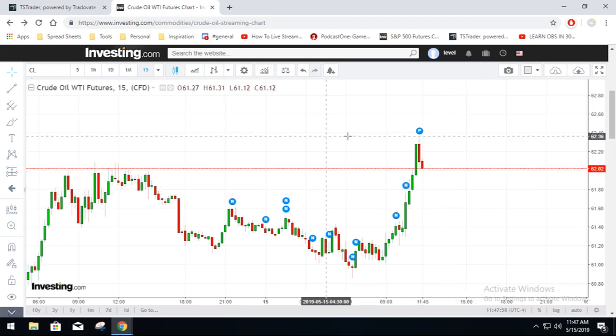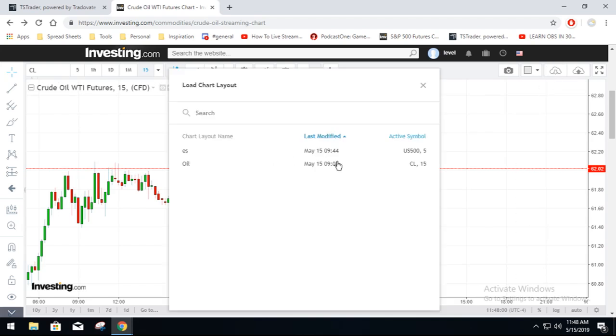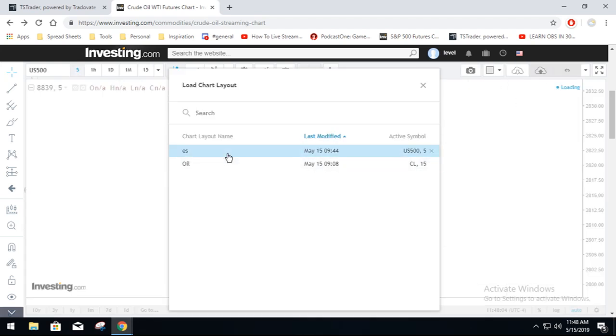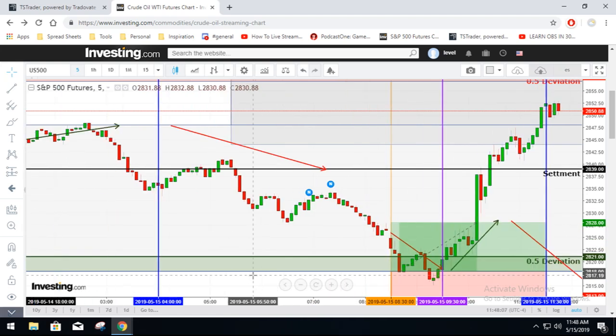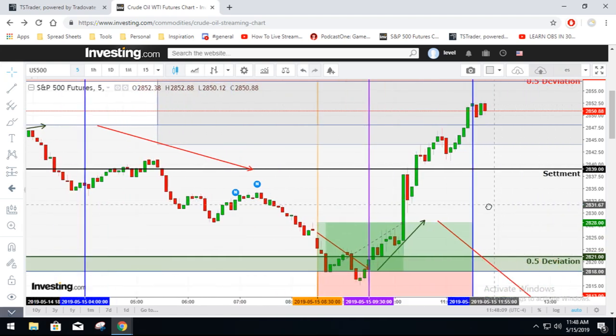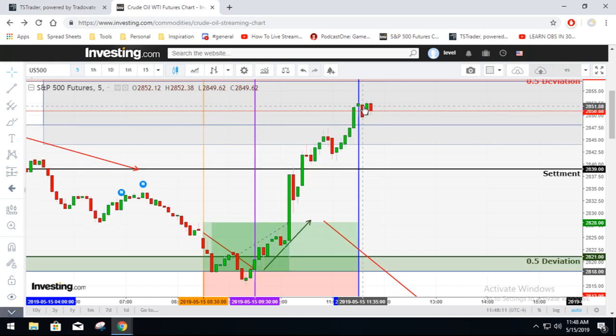So I'm looking for the break of the 62, sorry. Looking at timing on a 5 minute basis. PSL, the high.